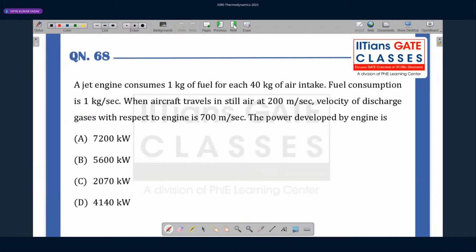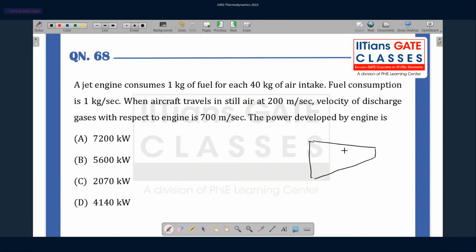A jet engine consumes 1 kg of fuel for each 40 kg of air intake. Now, fuel consumption is 1 kg per second. When the aircraft travels in still air, so you see what it is trying to tell you. You have an aircraft, something like this.